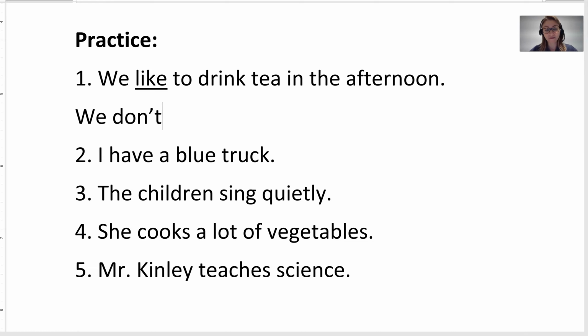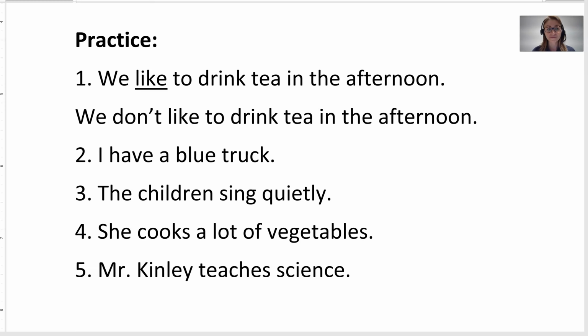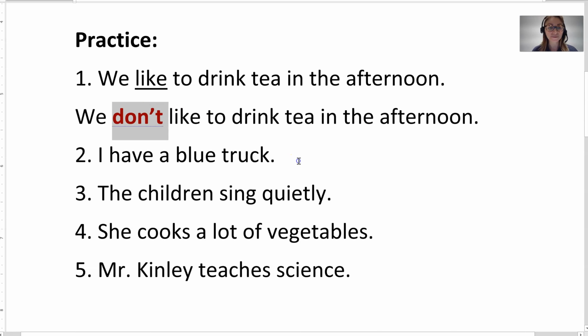We don't like to drink tea in the afternoon. Okay, so here we have the negative. I will make it red color. We don't like. Okay, we're just saying it's negative now.